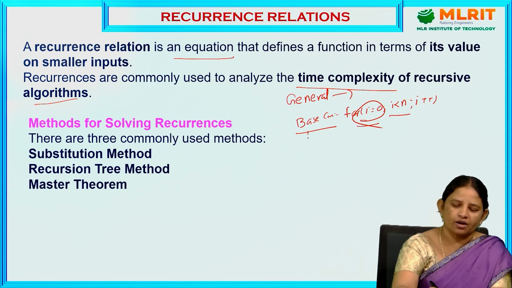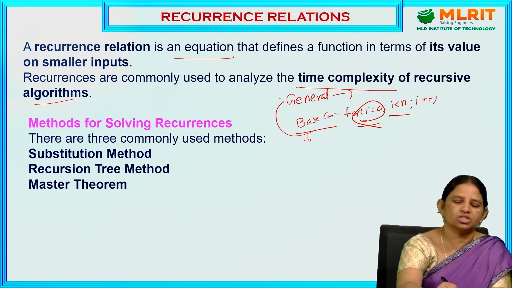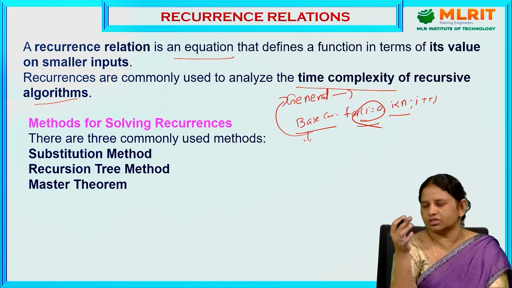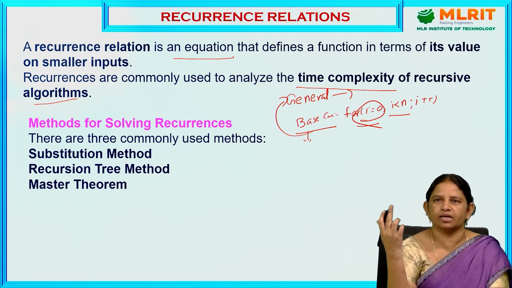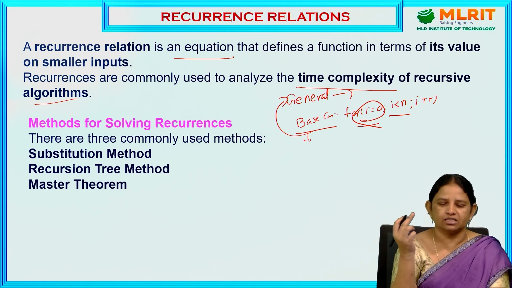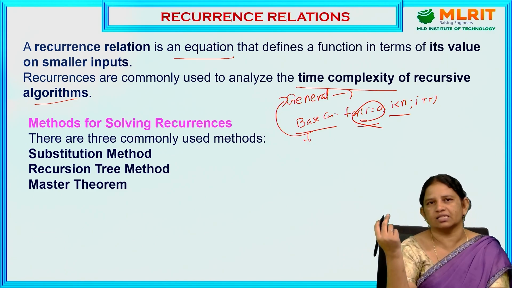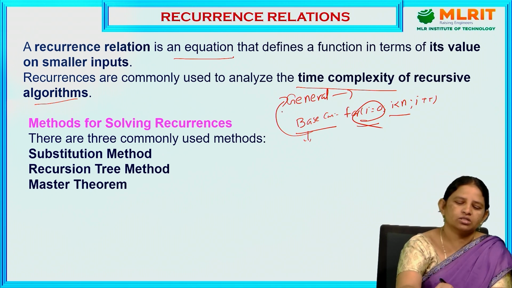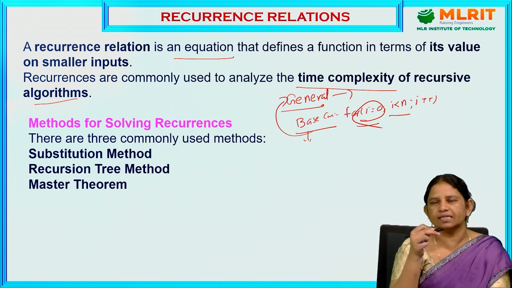We have to start from the base case and the procedure is repeated for the general case. Sometimes we start with the base case and repeat up to n terms until the general case is reached. Another way is to start from the general case and repeat until the base case is satisfied. That is also one type of method.